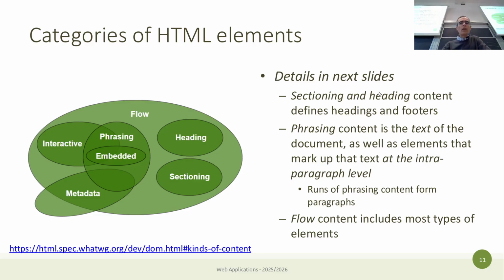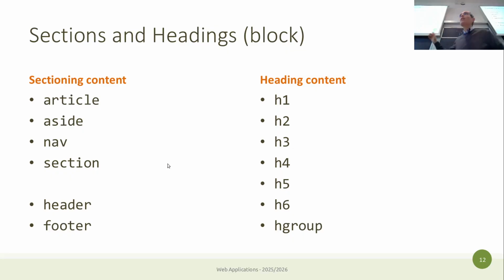Or the flow, creating two columns or whatever, what comes after, what comes before, and so on. Here in the slide you will see many tags, and I try to highlight the most useful ones. These are typical HTML5 tags: article, aside, nav for a navigation bar, section, header, footer.